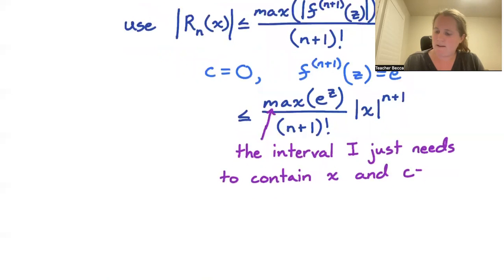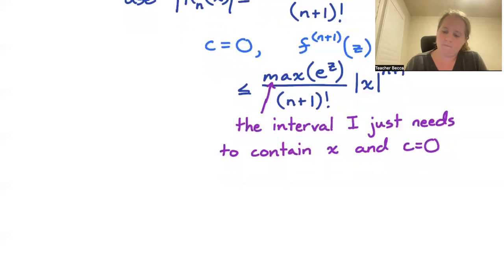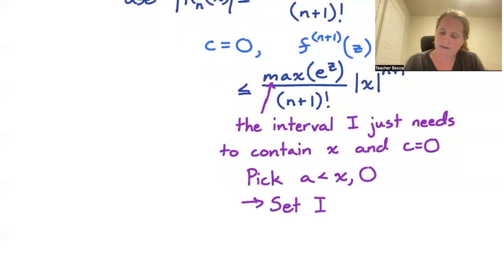So, in this case, it's c equals 0. What we can do is pick an a that is less than both x and 0, and set I to be the interval that includes a and then goes up to infinity.